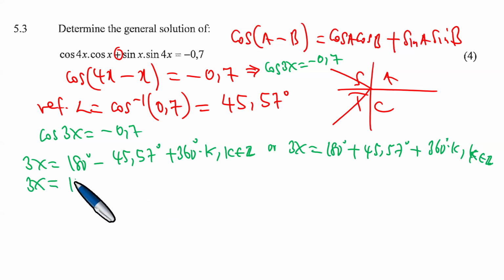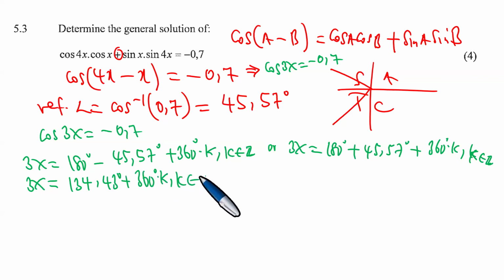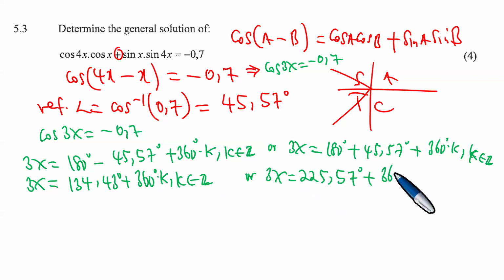We're getting 134.43 degrees plus 360 degrees by k, an element of the set of integers, or 3x equals, okay, this is 225.57 degrees plus 360 by k, k in Z.